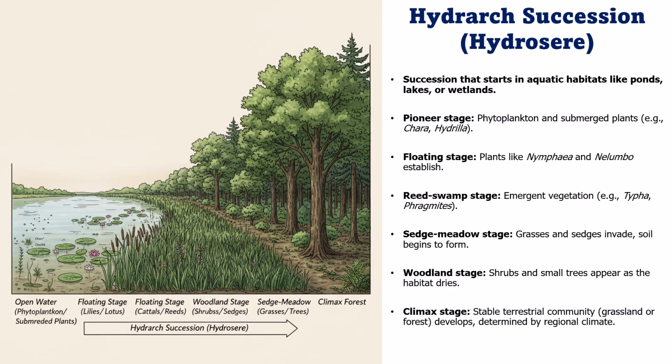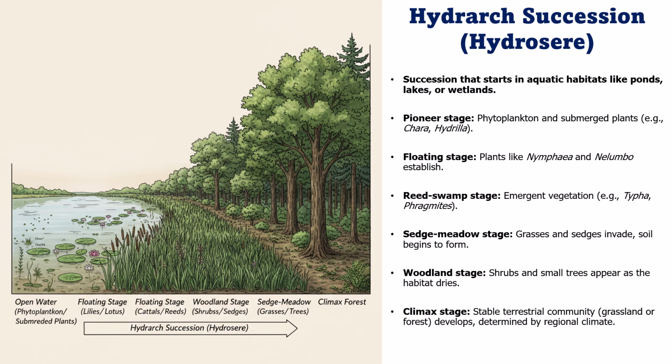Depending upon where the primary succession starts, if it starts from water, it's called hydrarch succession, or hydrosere, which occurs in aquatic environments such as ponds, lakes, and wetlands. It begins in a water body and gradually transforms into a terrestrial ecosystem. Pioneer species are usually phytoplanktons and submerged plants, which are followed by floating plants like nymphaea.